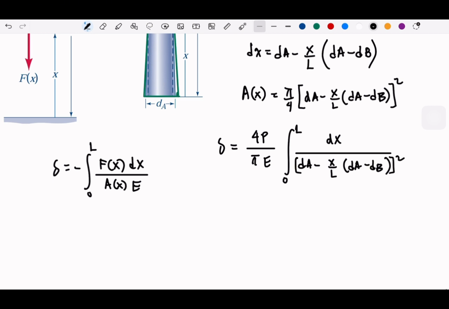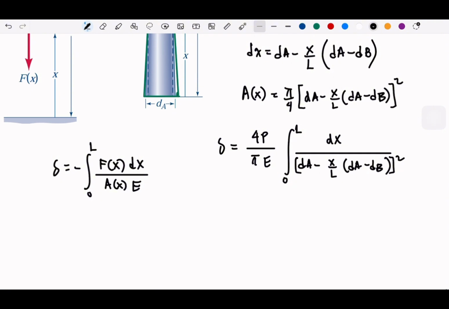And that has a squared. And basically we need to integrate this, in which we integrate the x. So all the other parts, dA and dB, are constant.